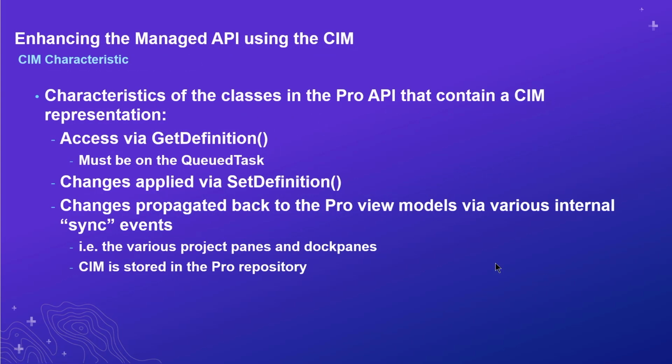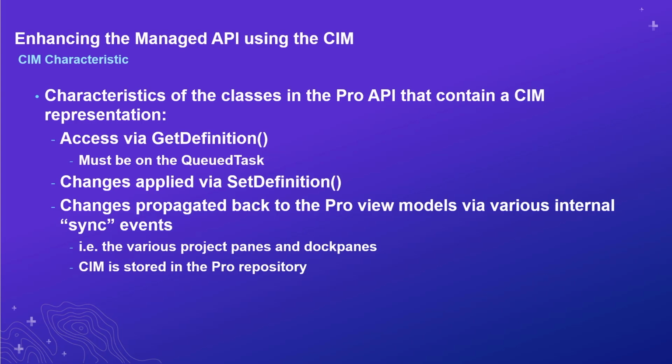The model entities have a CIM representation. The way you access the CIM representation is through the GetDefinition and SetDefinition method pairs. It is a transactional pattern. You use the definition you get from GetDefinition to make any changes that you want within the QueuedTask context, and then you apply the changes back to the CIM using the SetDefinition method as a single transaction.